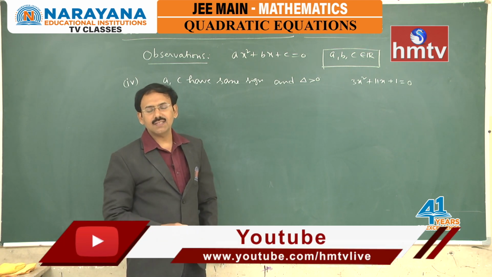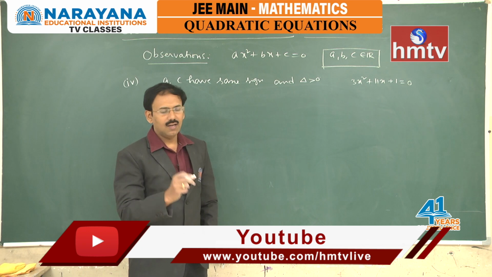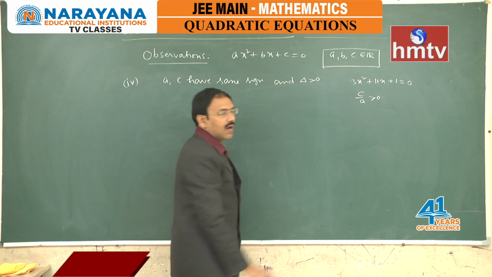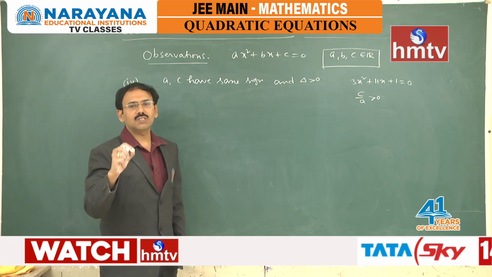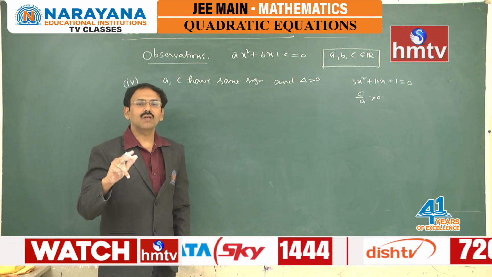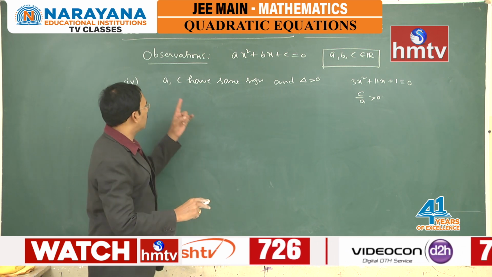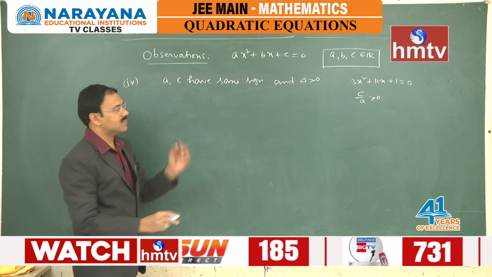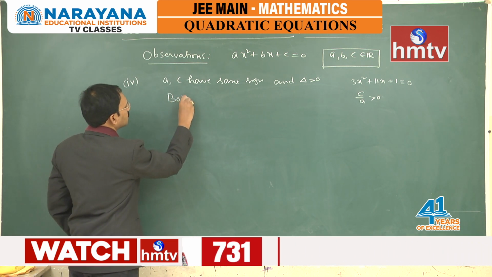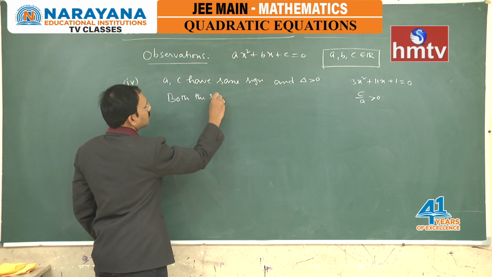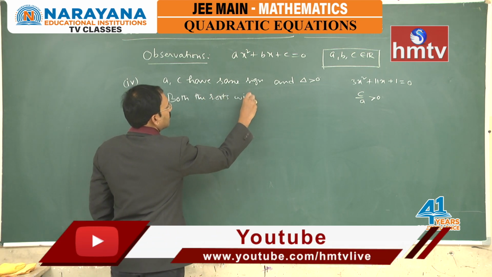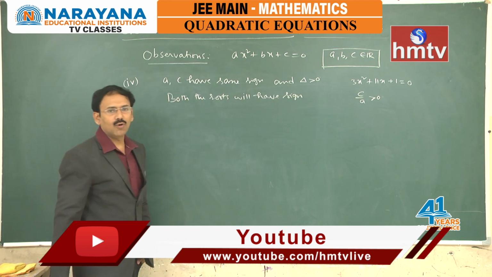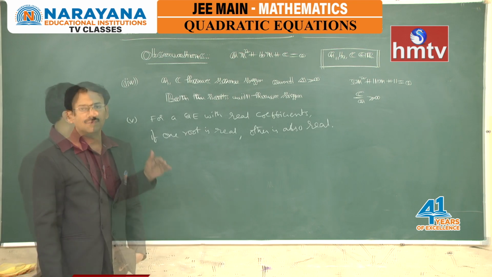In that case, the roots are definitely real and the product of the roots, c by a, is positive, and hence both roots must be positive or both roots must be negative. That means if a and c have the same sign, both roots will have the same sign.